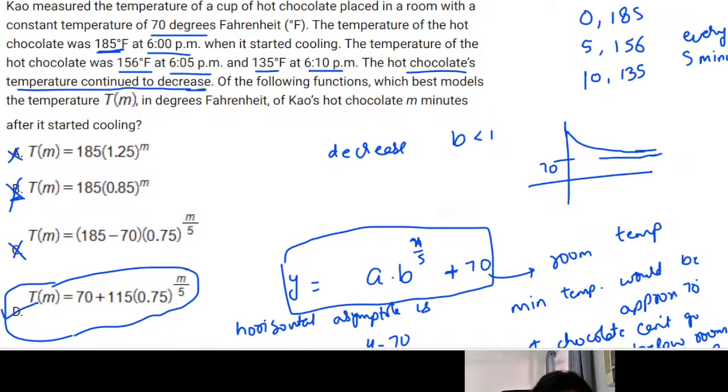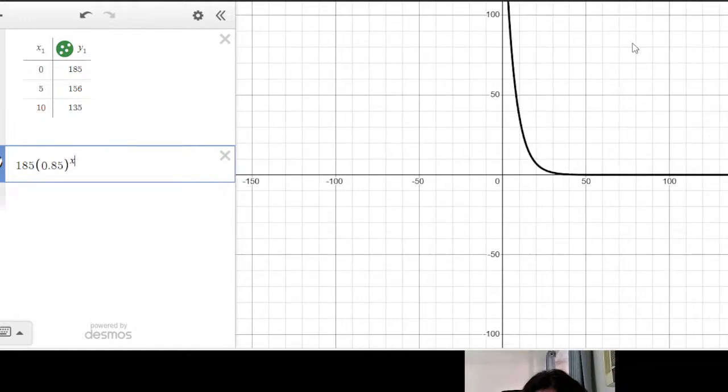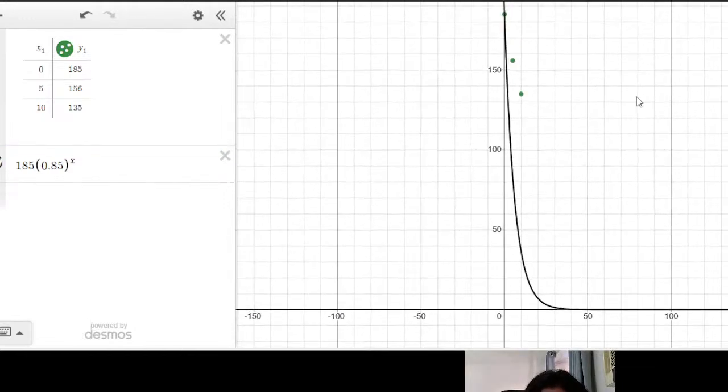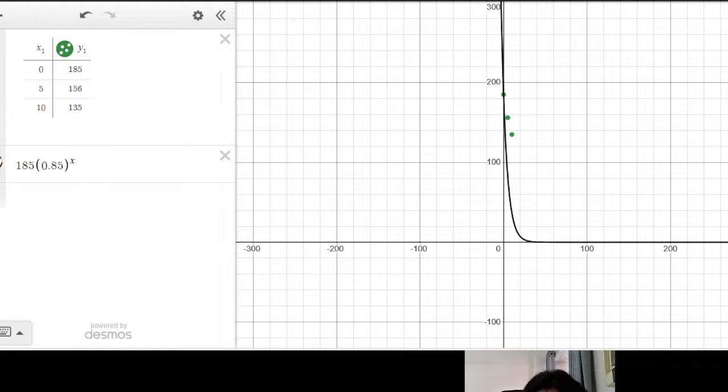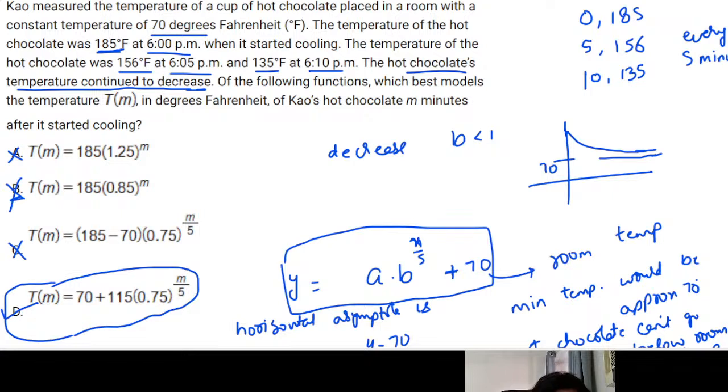First option is cancelled. Now you try the second option, 185 times 0.85 to the power x. That's also a very good option. The answers are over here, so you go to these points. You can see the other two options, they're not matching, so this is not the correct answer. This is the best way to solve this.